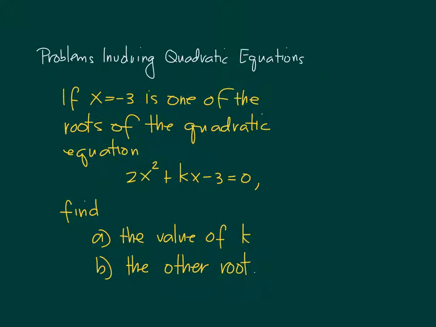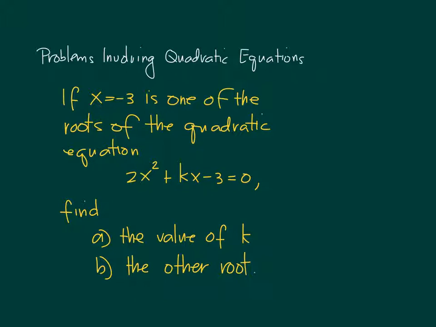And then for letter B, the plan is, once you found the value of k, because k will become a number after you answer letter A, once this becomes a number, then all we have to do to find the other root is to factor the left side of the equation, because this is already 0. We solve the quadratic equation by factorization, and that will give us the value of the other root. So that's the plan.